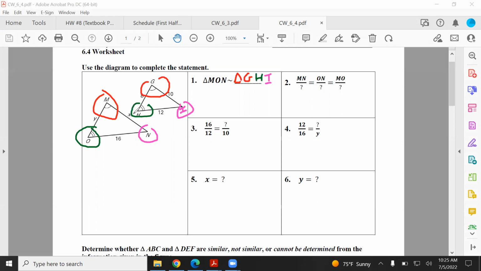And notice that you only need 2 pairs of corresponding angles to be congruent for similar triangles.